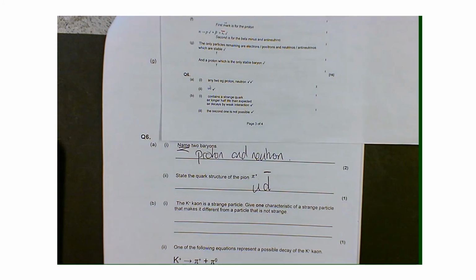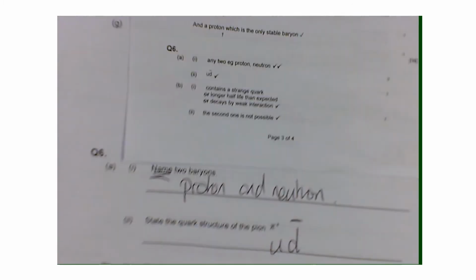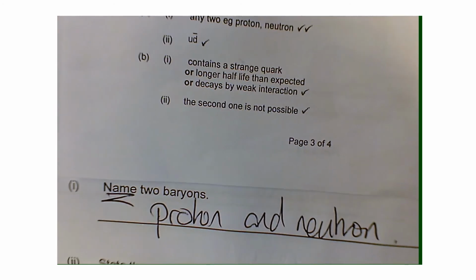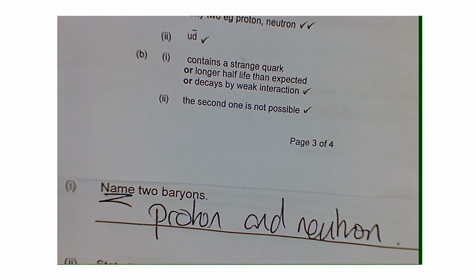I agree. Now I'm just going to zoom in on the mark scheme to show what was possible. But by far the easiest answer to give there is that it contains a strange quark. Decays by the weak interaction, longer half-life than expected. Those are characteristics of why it's called strange. It's called strange because it has a longer half-life than is expected for that type of particle.